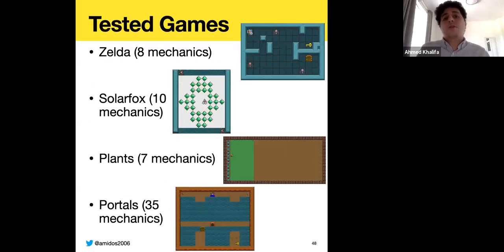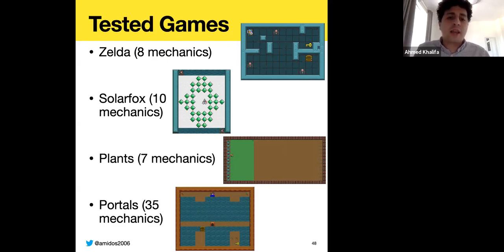So we tested it on 4 different games. The first game is Zelda, which we just talked about. And the second one is called Solar Fox. In Solar Fox, you control a spaceship that's trying to collect all these diamonds in time before it dies or hits anything.